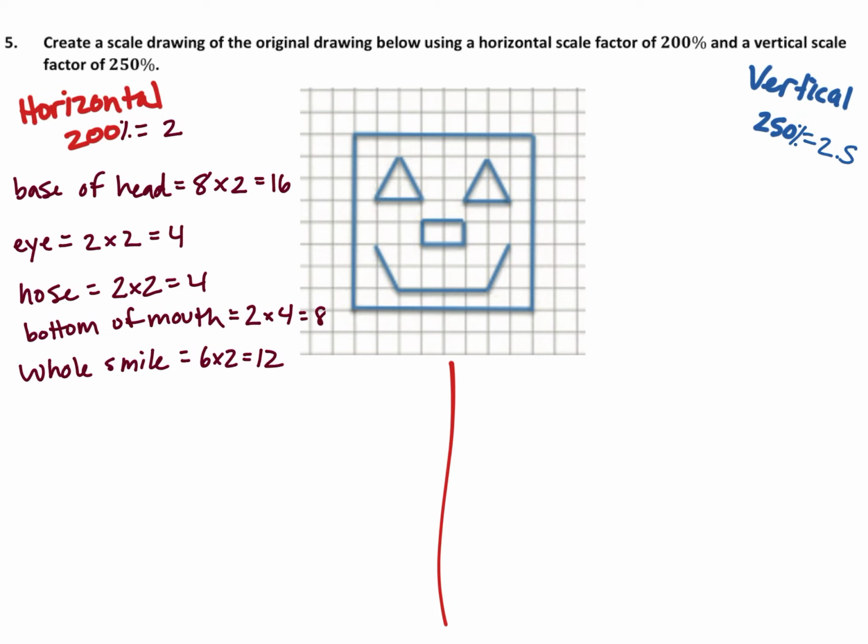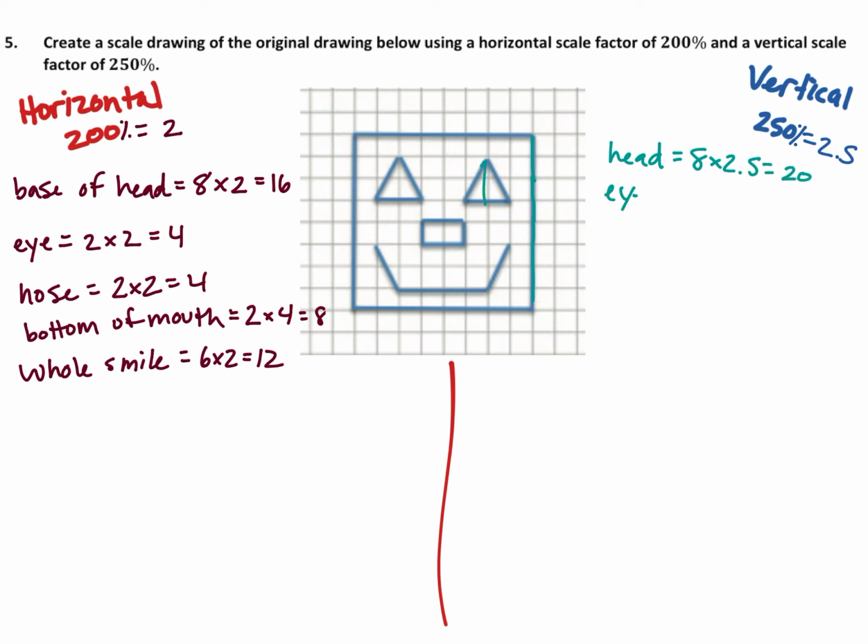Now we're going to look at the vertical direction. In the vertical direction, we have his head, which is 2, 4, 6, 8, giving us a distance of 20.